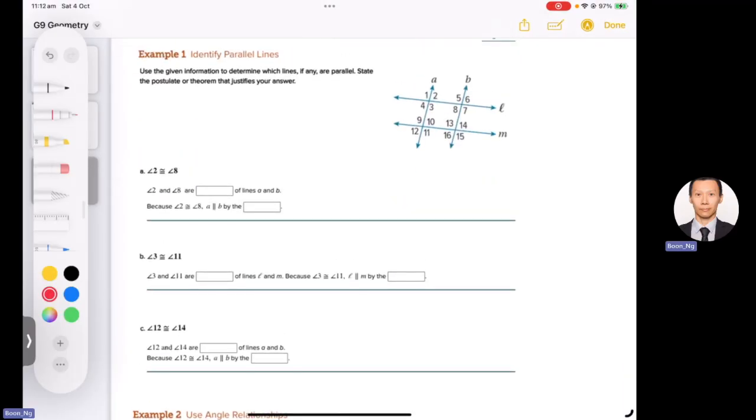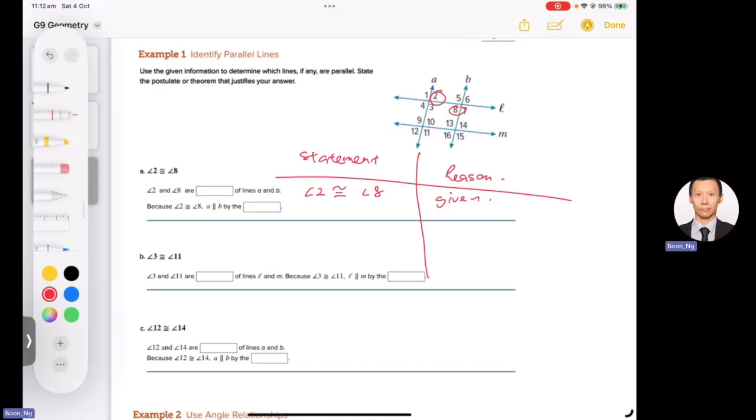So here we are given angles 2 and 8, and we are looking for the relationship between 2 and 8. So statement and reason. Angle 2 and 8 are congruent.